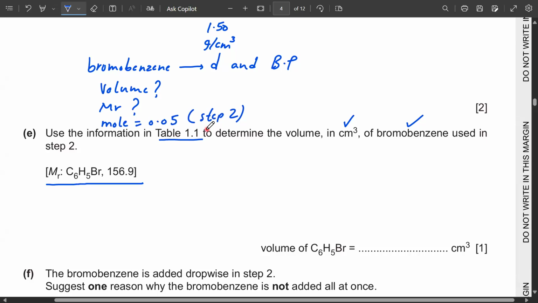So we find the mass using the MR and mole.